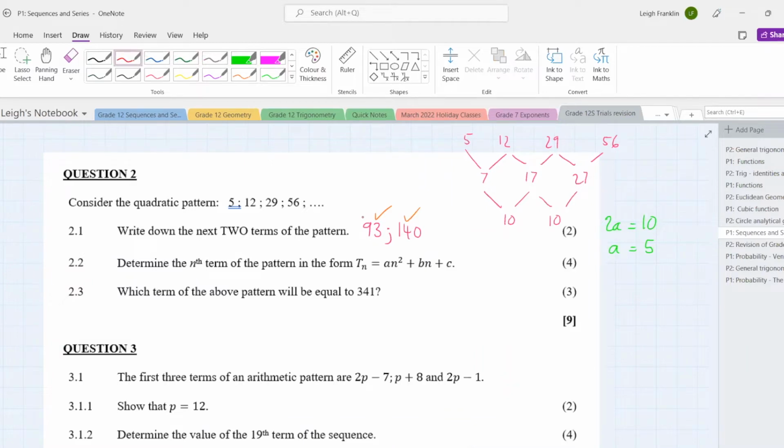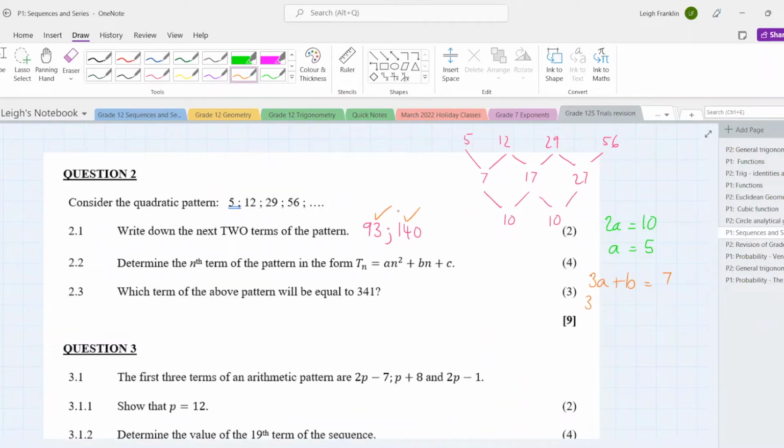You're going to say a plus b equals 7? No, I'm afraid not. The formula that we're going to use is 3a plus b, which has to be equal to 7.